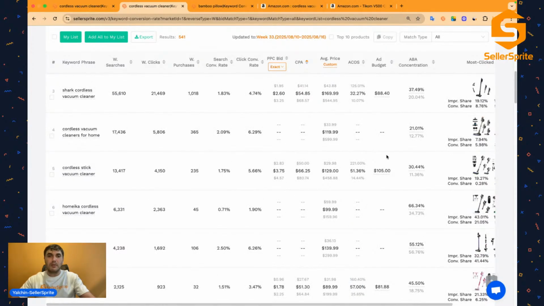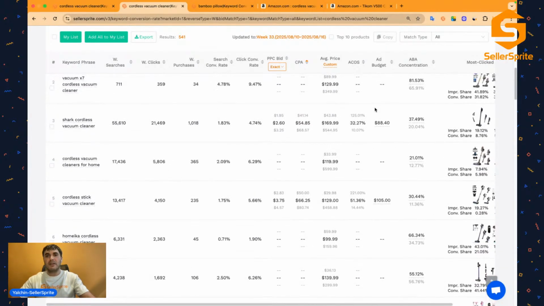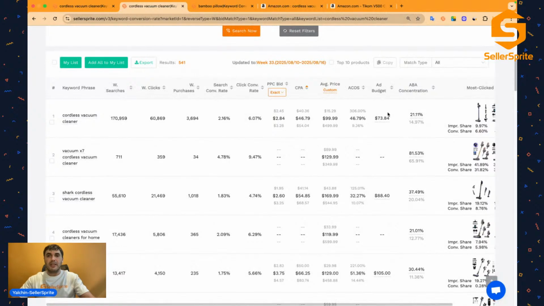Ad budget is a kind of estimation, and the estimation result comes from the CPC and how many clicks sellers get in the market. Let's suppose they got 60,000 clicks weekly. There are 100 sellers. It means everyone gets at least 600 clicks weekly.